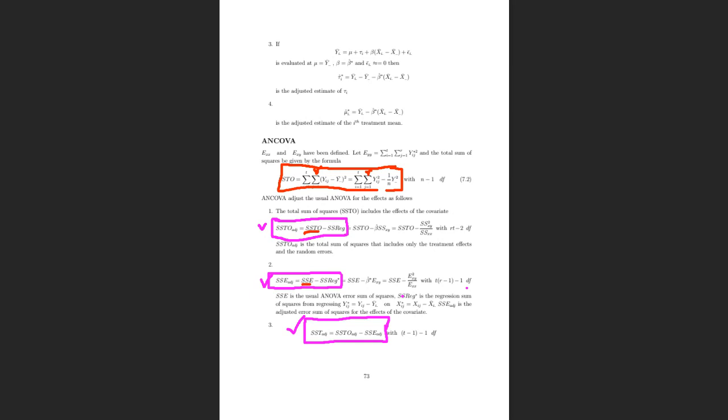So now let's find SSTO adjusted by using this formula, SSTO adjusted minus SS reg adjusted.